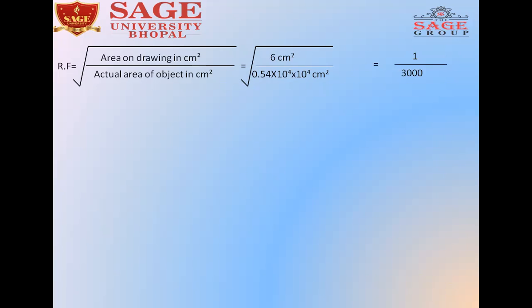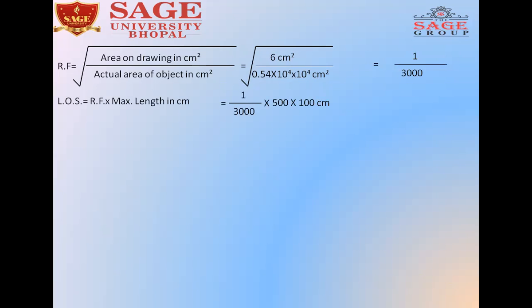Next step, you will identify the length of the scale. We know the length of a scale is always RF multiplied by maximum length. RF is given as 1 by 3000, and the maximum length in the problem is 500 meter. So you will multiply 1 by 3000 into 500 meter.